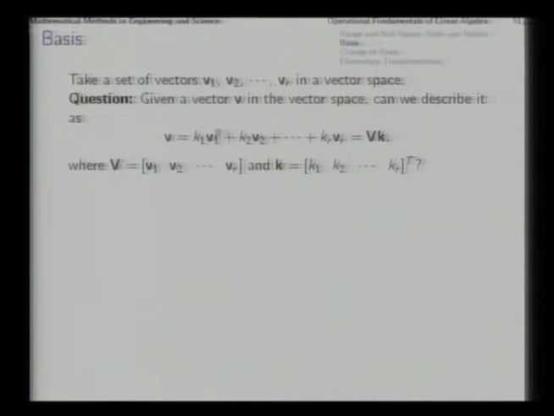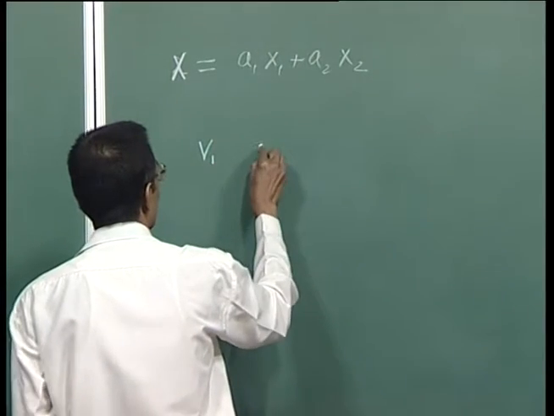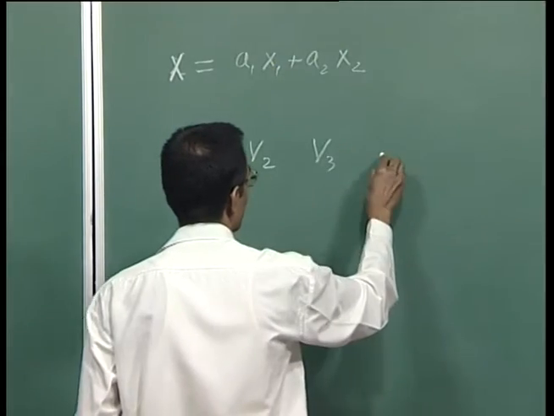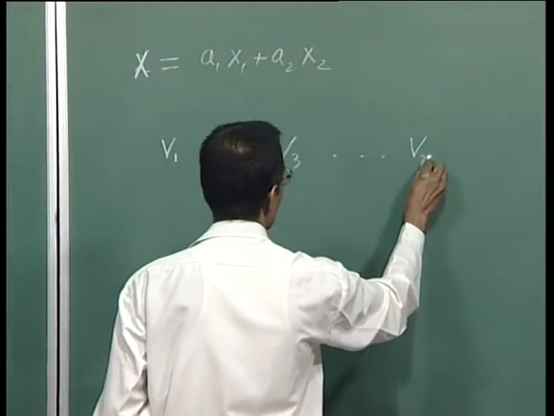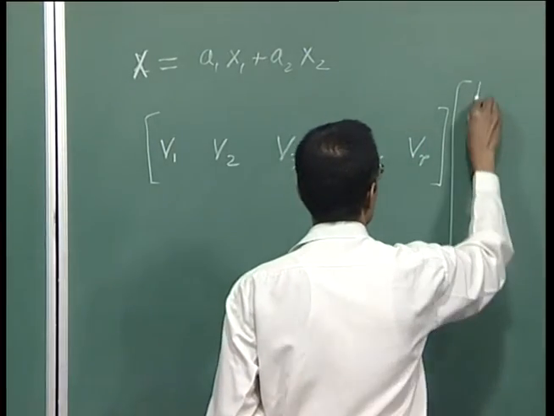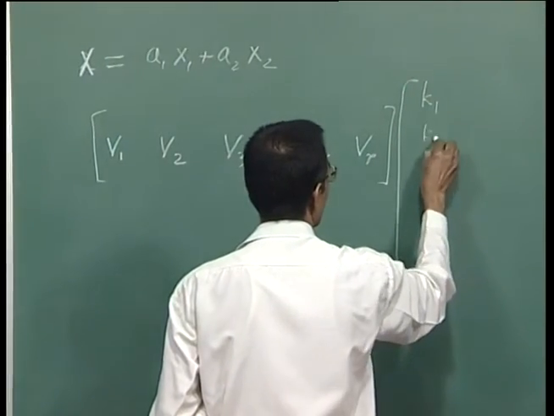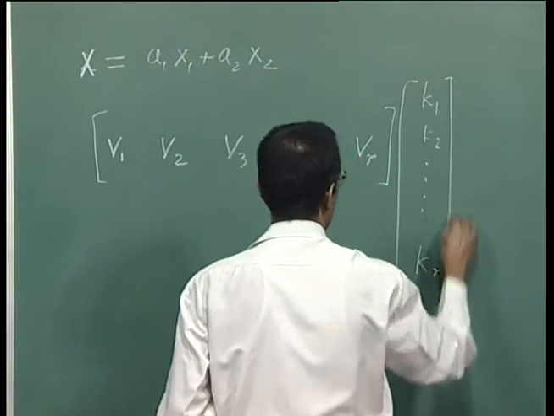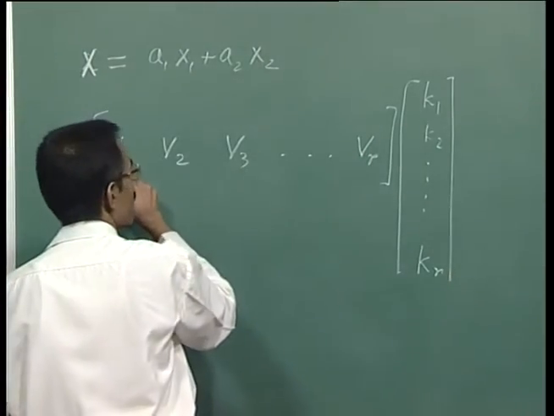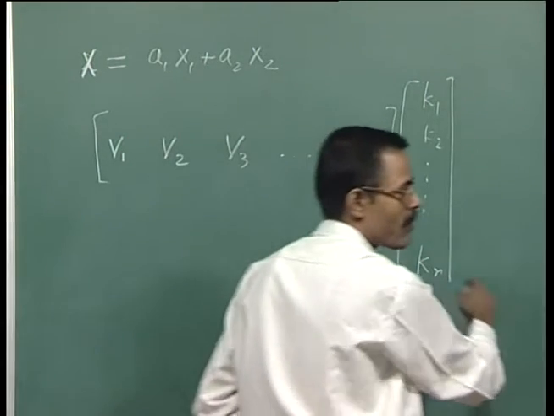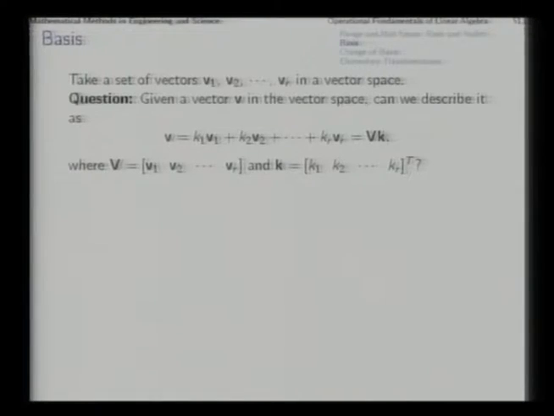This can be written in shorthand in this manner, because these vectors collected as column vectors and multiplied with these k's actually give us k1 v1 plus k2 v2 plus k3 v3 and so on up to kr vr, the way it has been shown here.